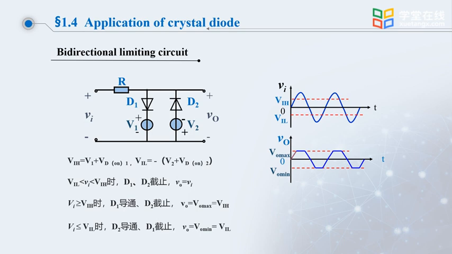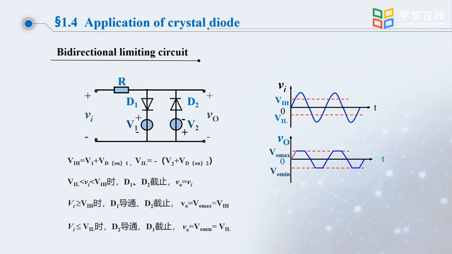The output voltage VO has nothing to do with VI. What is the voltage of VO at this time? It is equal to VD1 on plus V1, the value of this DC voltage. So it is equal to VIH. In this case, VO is equal to its highest threshold, which is VIH.